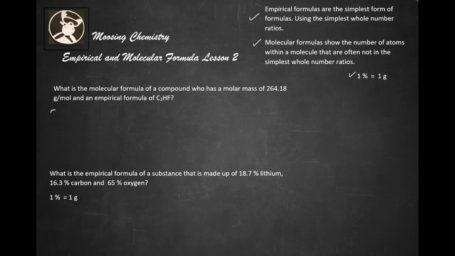Okay, we have 2 carbons at 12.01. We have 1 hydrogen at 1.01. These are all in grams per mole, by the way. And then we have 1 fluorine at 18.99 grams per mole.